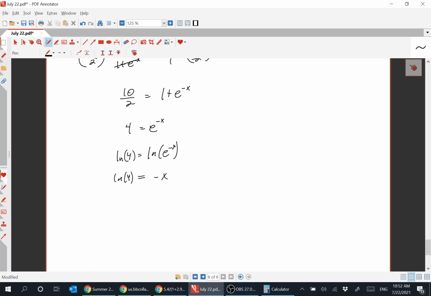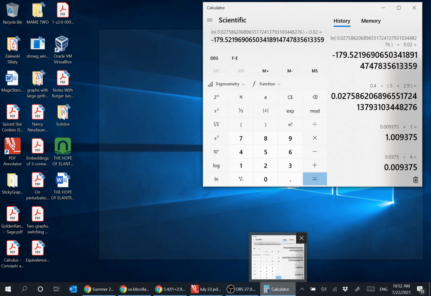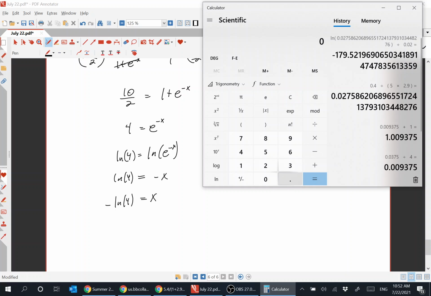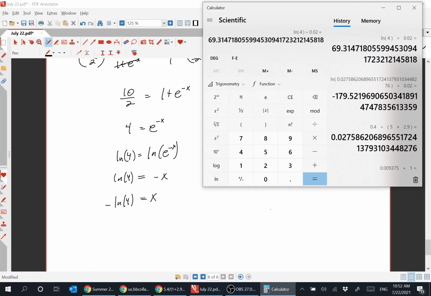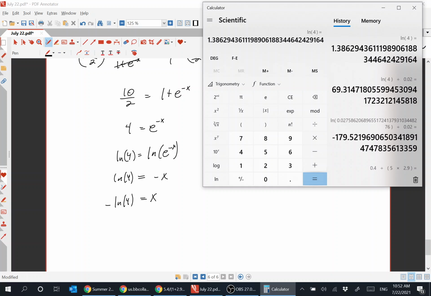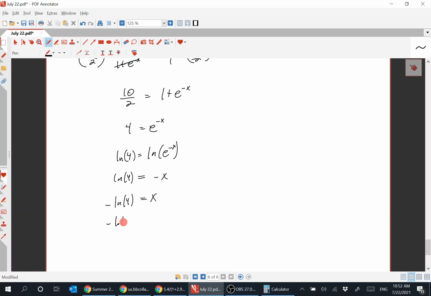Although you didn't have to use natural log, you can use log base 10. So natural log of 4 is 1.386. Or use log base 10, in which case log base 10 of 4 is equal to log base 10 of e to the minus x.